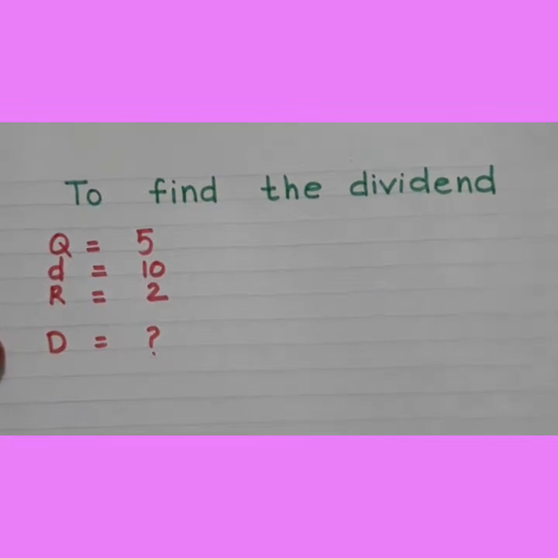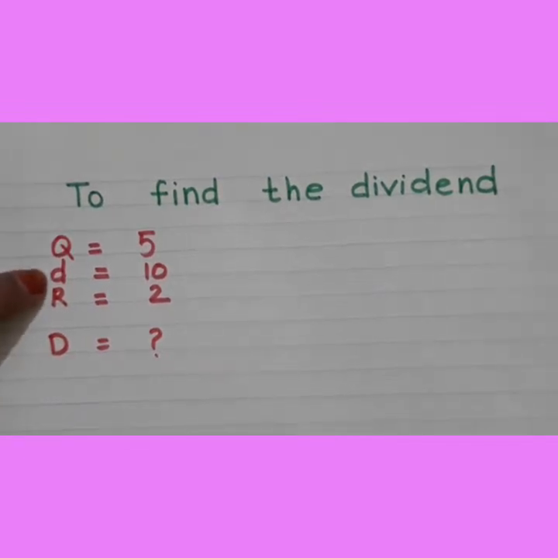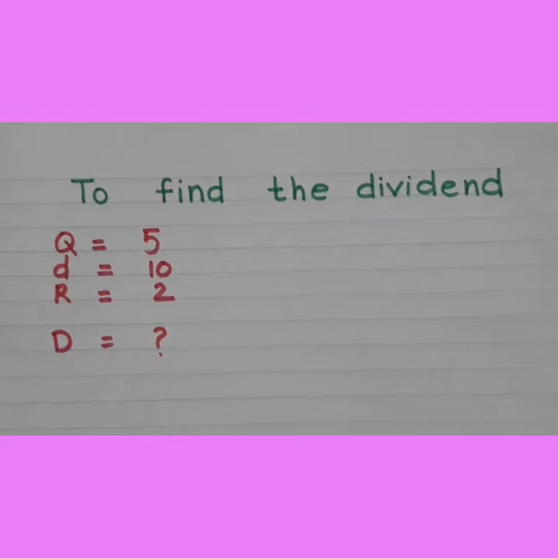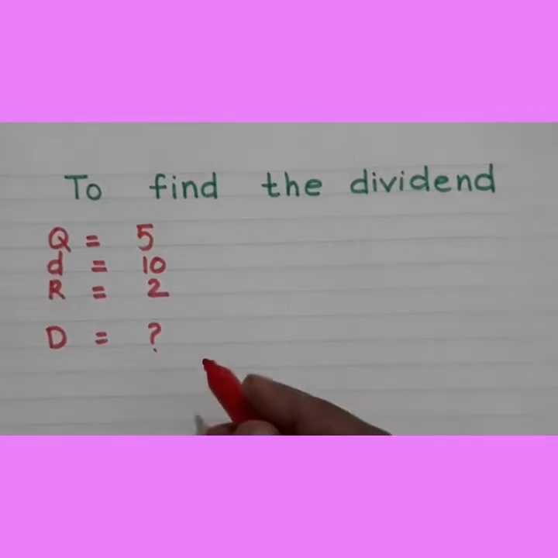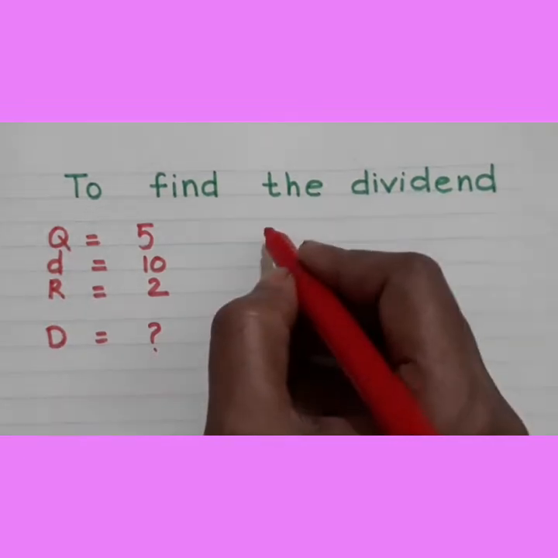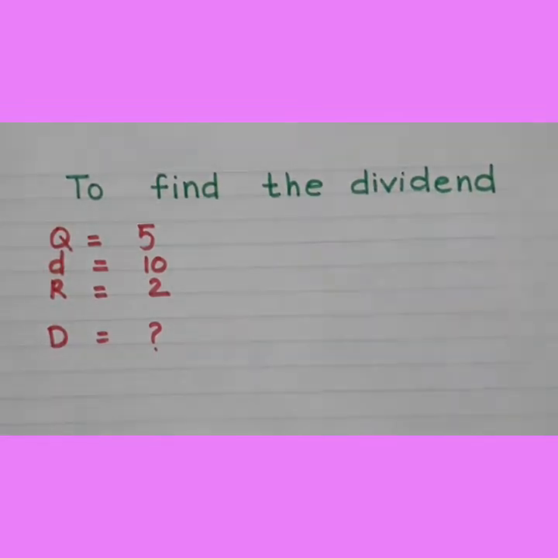Now children, here you will notice I have used a small letter d and a capital letter D. Small letter d I have used for divisor and capital letter D I have used for dividend. Now let's start with how to do the question. You remember how we were checking our answers. So please do not forget the algorithm.